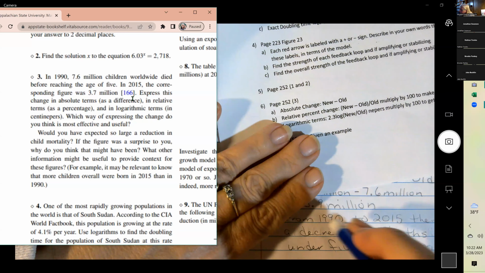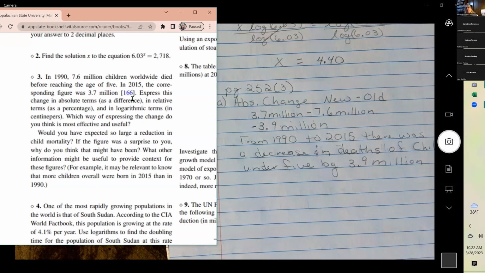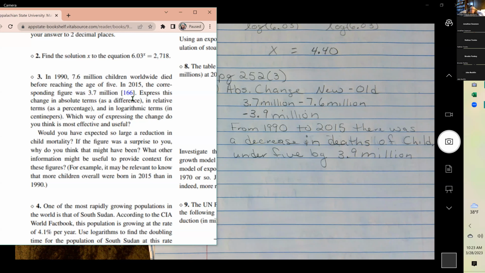Something like that. But from 1990 to 2015, there was a decrease in the death of children under 5 by 3.9 million, or 3.9 million children. I think that's probably the best way. But you want decrease because it's negative, and it's 3.9 million children. So there was a decrease by 3.9 million children deaths.